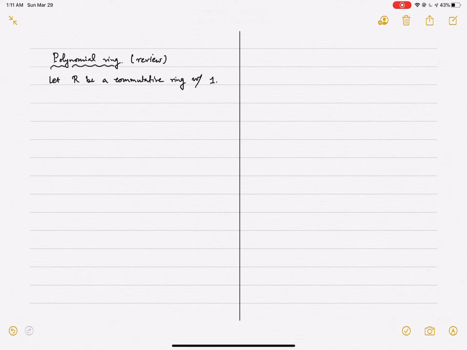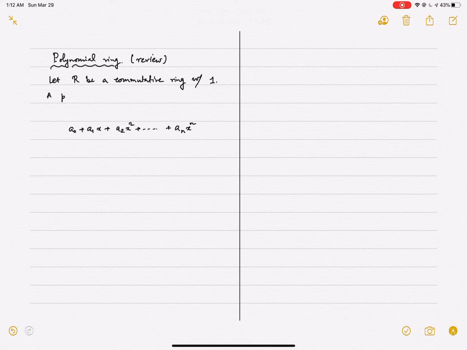So a polynomial in one variable x with coefficients in R is an expression like this: a0 plus a1x plus a2x squared plus ... plus an x to the n, where a0, a1, etc. are in the ring R, and this x is thought of as a variable or an indeterminate.